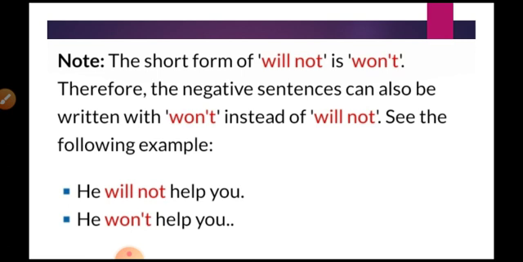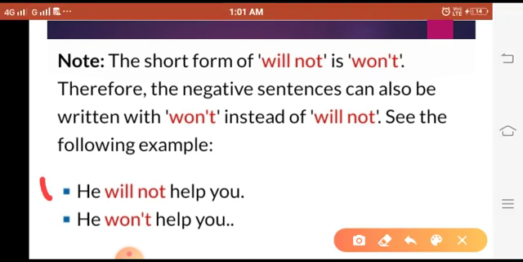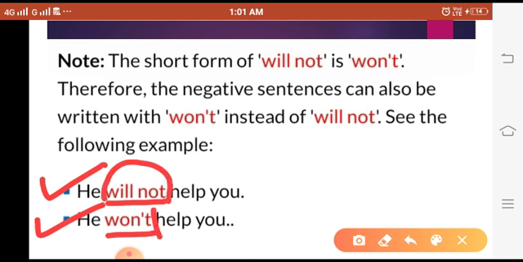He will not help you. He won't help you. In this sentence, will not is used. In this sentence, won't is used. Won't is the short form of will not itself, and the meaning of both the sentences is the same.